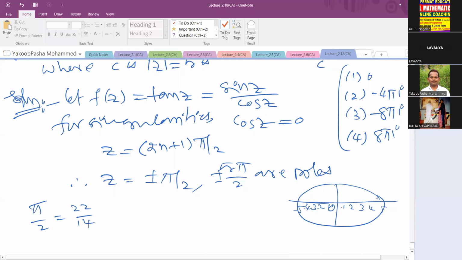First, 22 by 4, means it is outside or inside. Minus 5 pi by 2. 5 pi by 2 means 22 by 14, means 11 by 7, which is 5 point something.